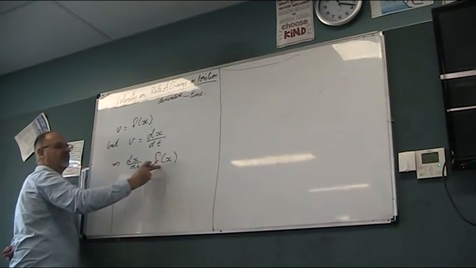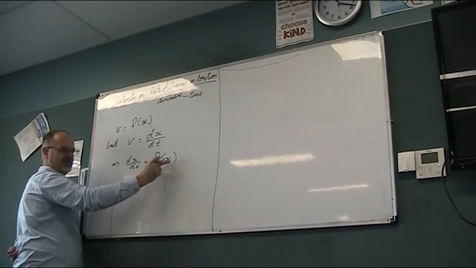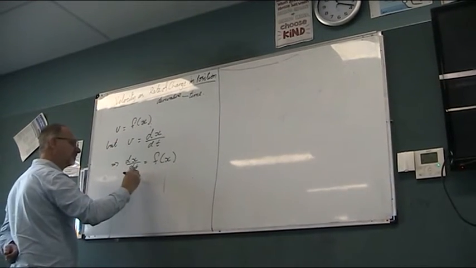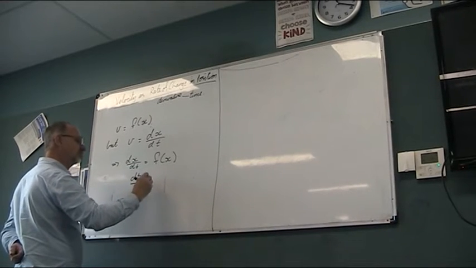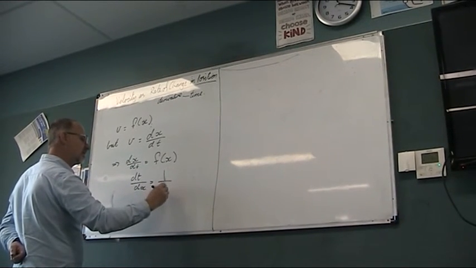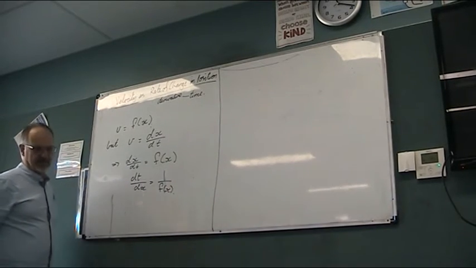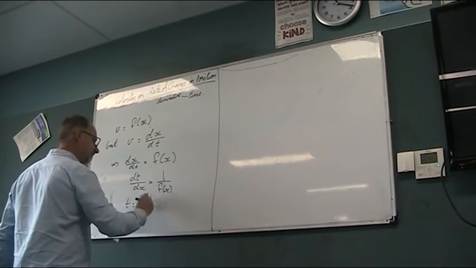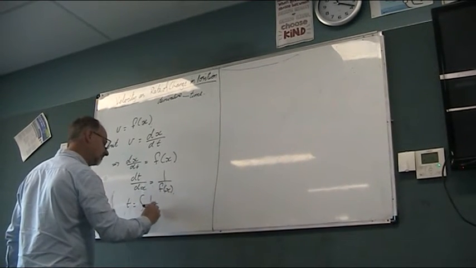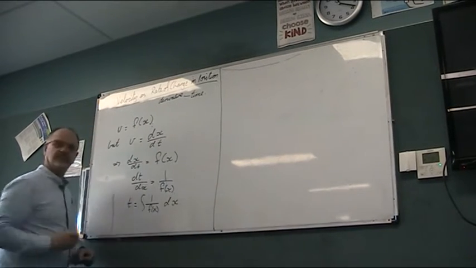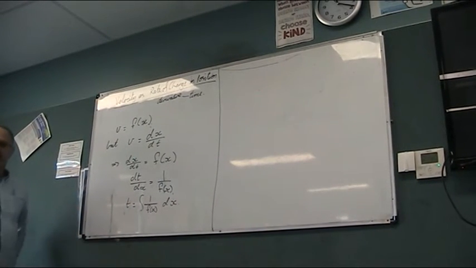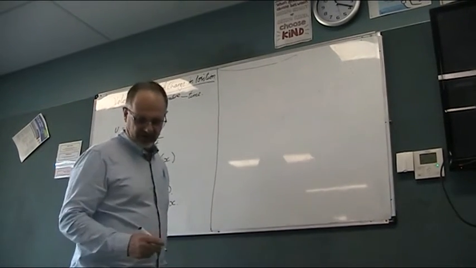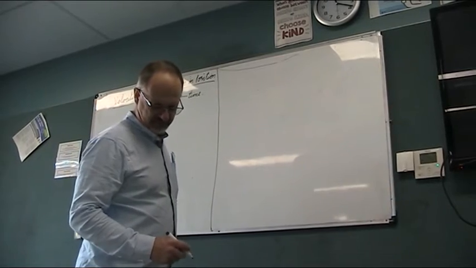So we've got to do the antiderivative in terms of x, not in terms of t, so we've got to flip, one on f(x), and then of course now we can do the antiderivative with respect to x, and so then we can find an expression. So let's have a look at a couple of examples.